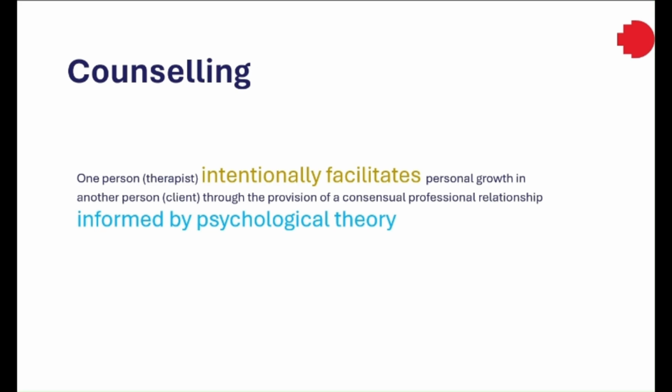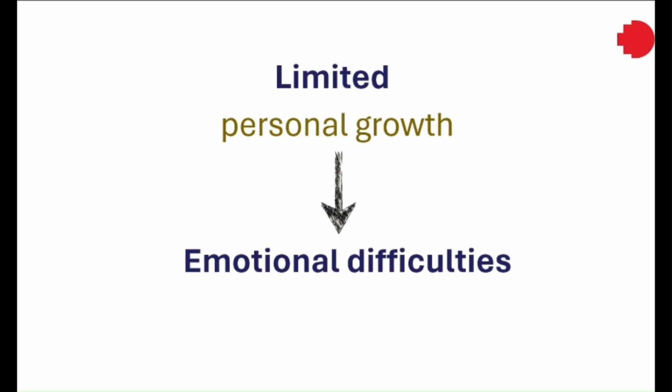In the previous video, we defined counseling, and we said it was when one person intentionally facilitates personal growth. So, what do we mean by personal growth? Well, personal growth is usually stifled by troubling times, and these difficult times are usually marked by emotional difficulties.